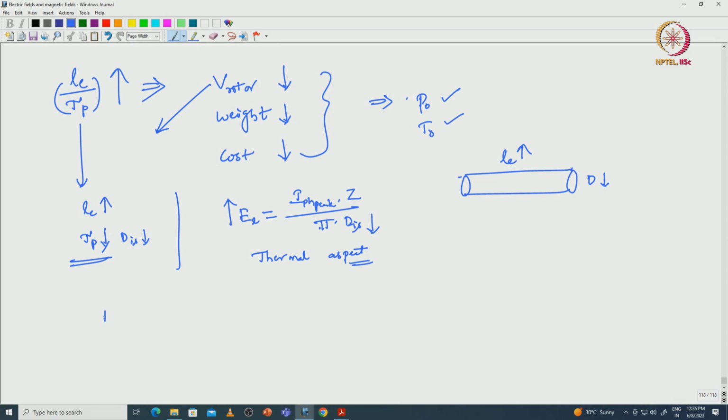Similarly, the D square L product also will come down if we increase L as well as decrease the D value significantly. If D is very small and L is large, then this product may come down, and torque also will come down and leakage inductance will increase.